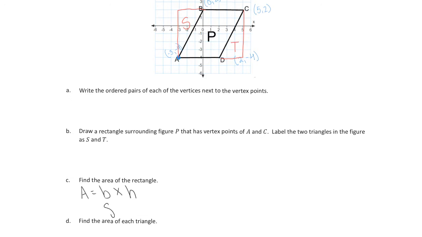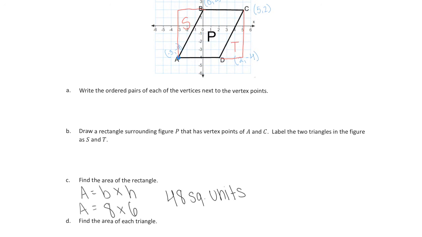So we're going to substitute 8 in for B, times H, which is our height, 1, 2, 3, 4, 5, 6. So now we know that our area is 8 times 6, and that's going to give us 48. Because we don't really know what the units are, we're going to use square units.